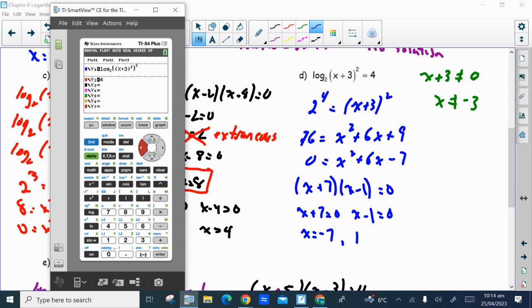So we'll eliminate this square there. So I think this will work. Yes, it does. Okay, so when we check these, there's our positive 1 answer.